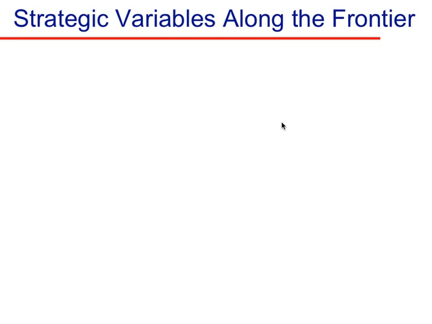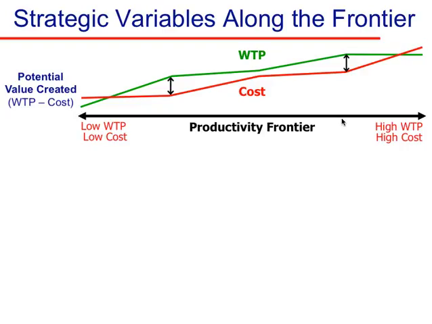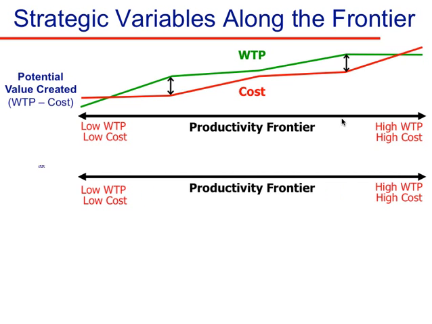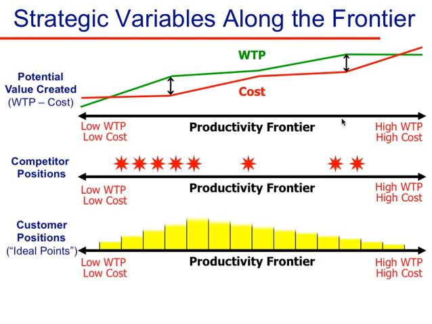You may remember this slide that went further into that topic. We don't have to go into the details of the slide at this point, but remember that when deciding where to position yourself along the frontier, the first thing we talked about was the potential value created, so the willingness to pay minus the cost, the competitor positions along the frontier, and the customer positions, or the ideal points along the frontier.